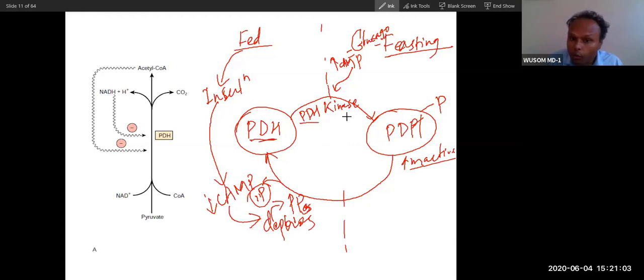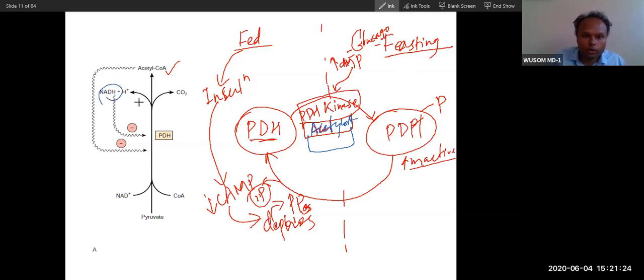Now pyruvate dehydrogenase is also regulated by these. I'll write with different ink: acetyl coenzyme A, NADH, and also ATP.